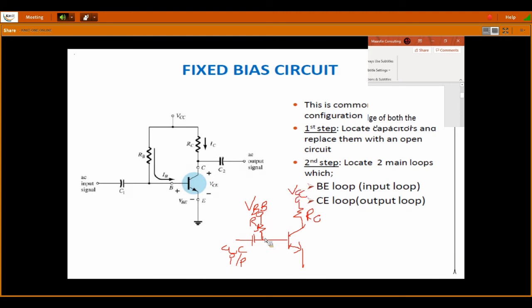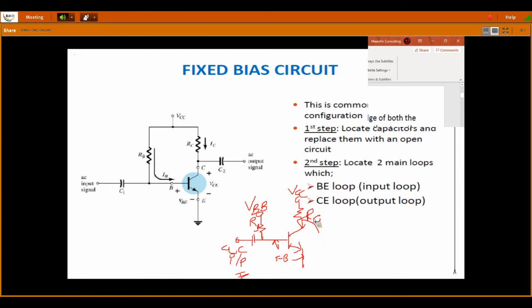This VBB makes the input junction forward biased, and you are connecting the AC input with respect to the common terminal, so your base is connected with the AC input to the common terminal.